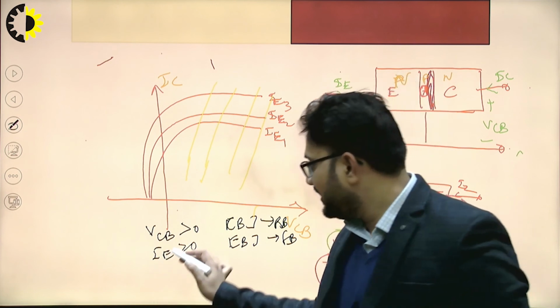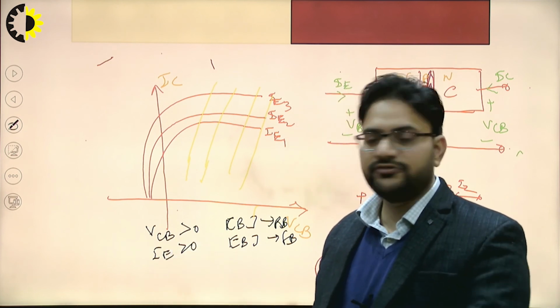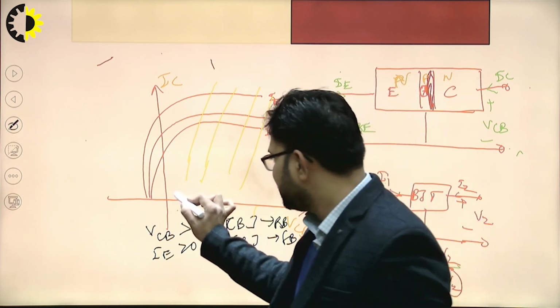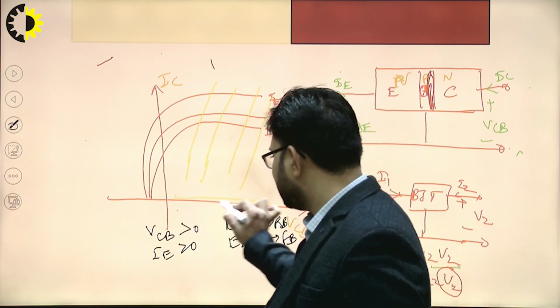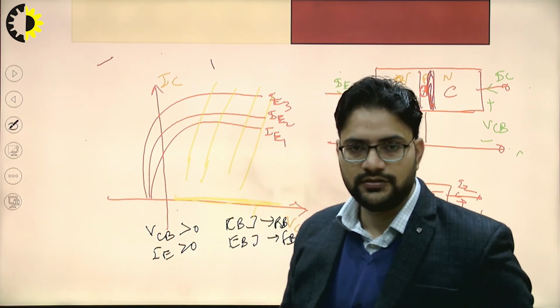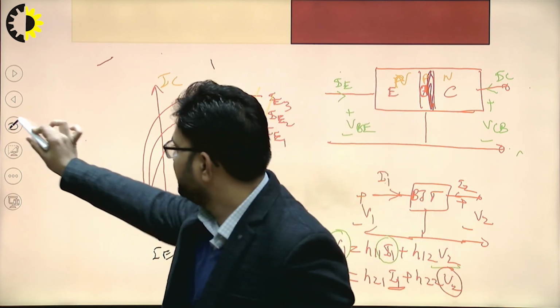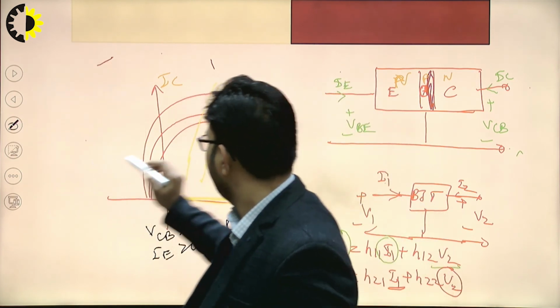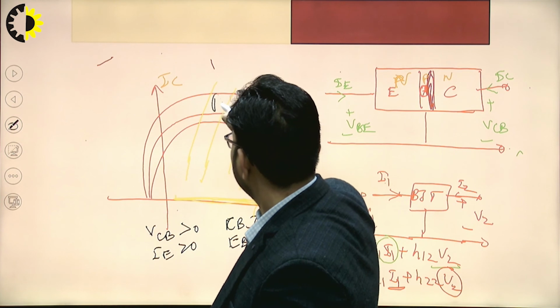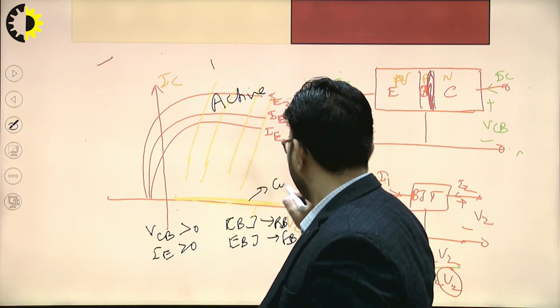If IE is equal to 0, the emitter base junction is also reverse biased. So this region is basically your cutoff region. So let me define this. This is your active, and this one is your cutoff.